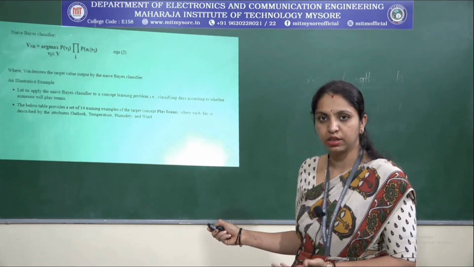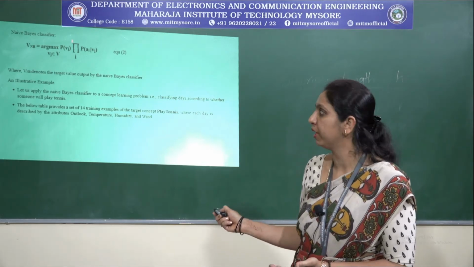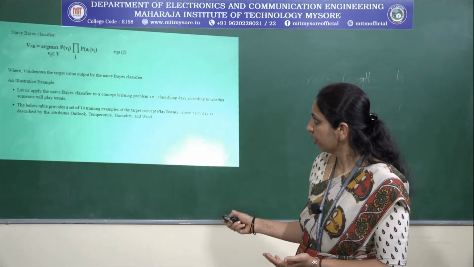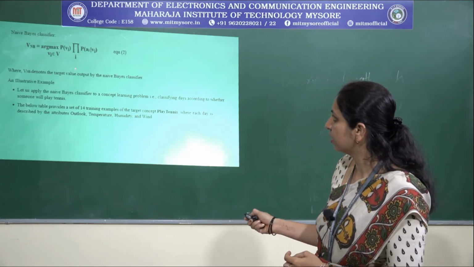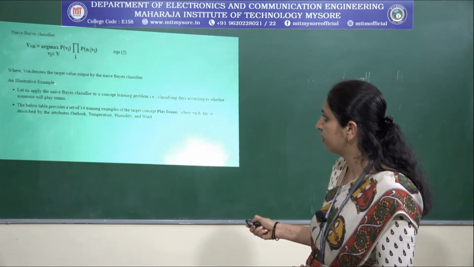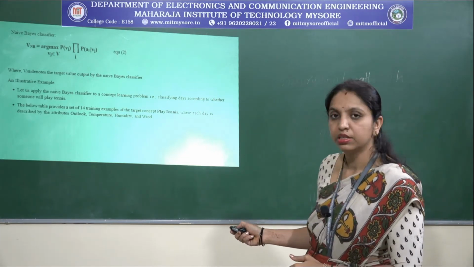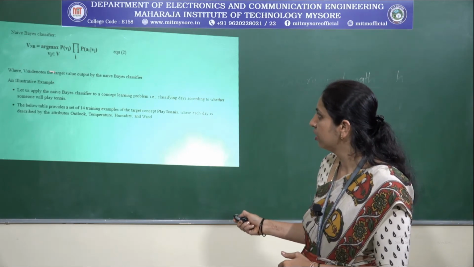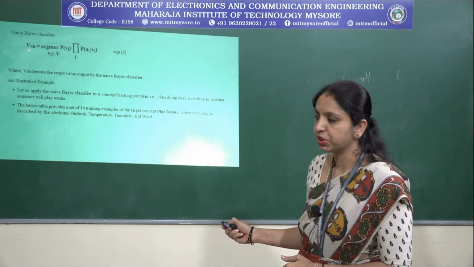Let us see an illustrative example based on this equation, where VNB denotes the target value output by the naive Bayes classifier. So now we shall see the illustrative example based on this naive Bayes classifier equation.